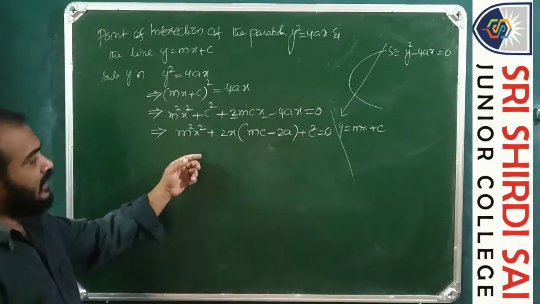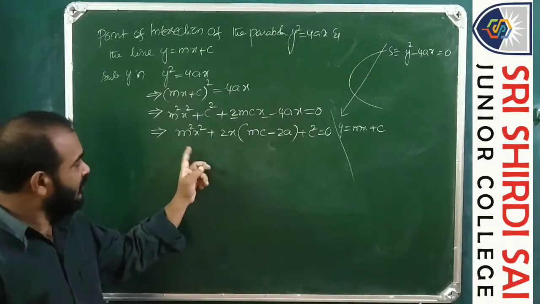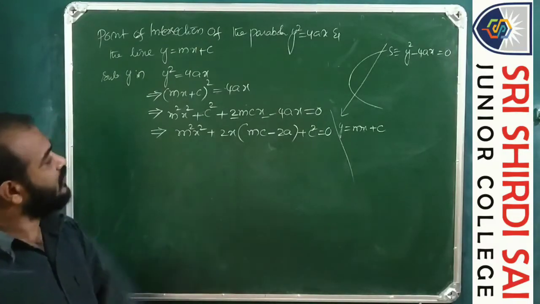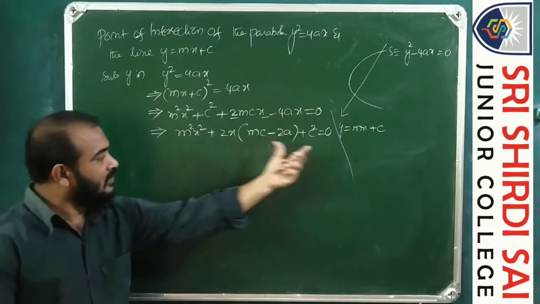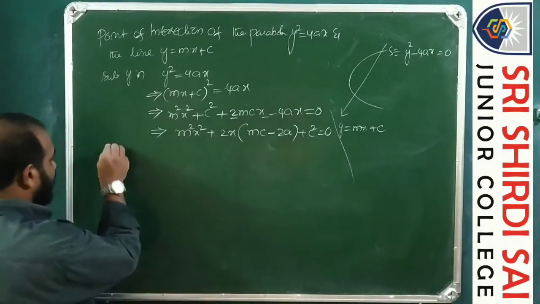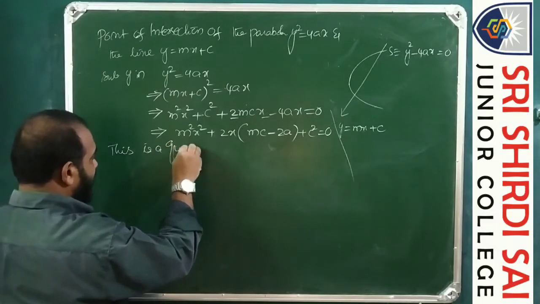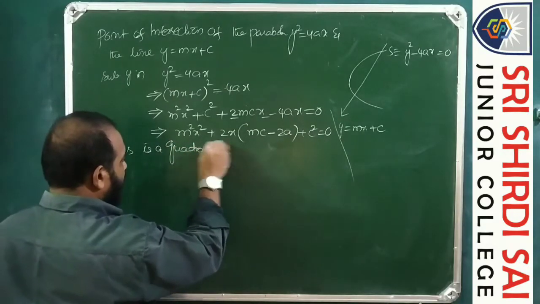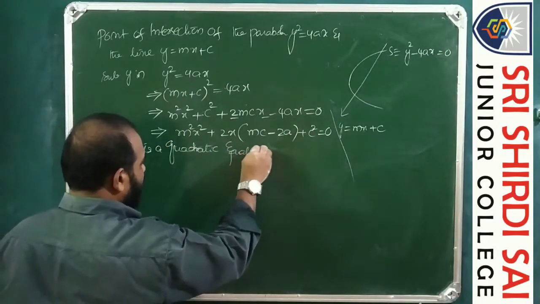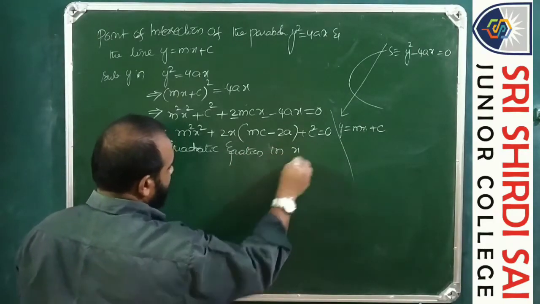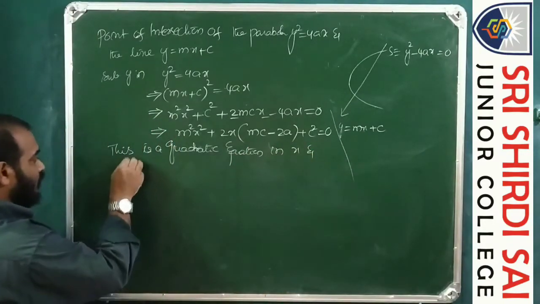So this is clearly a quadratic equation in x, with x square, x and the constant.